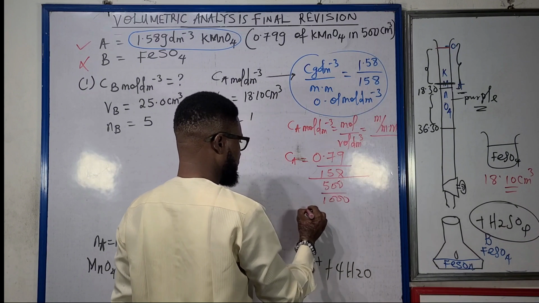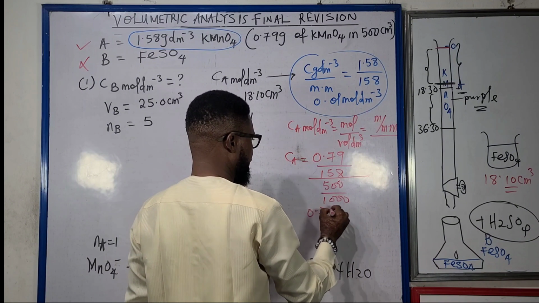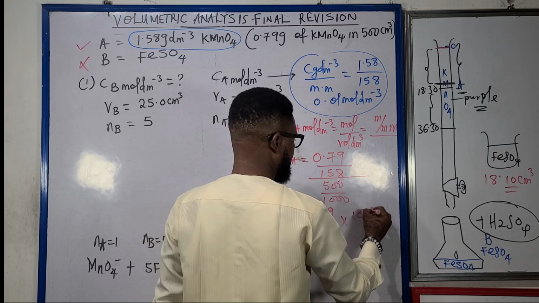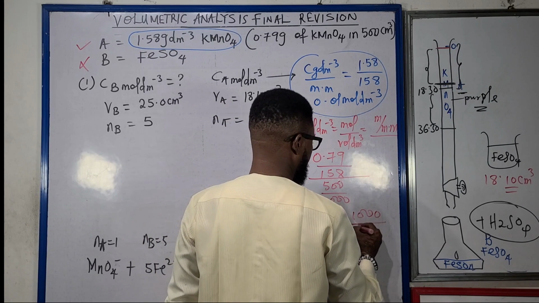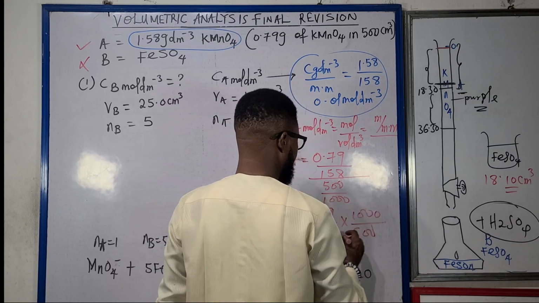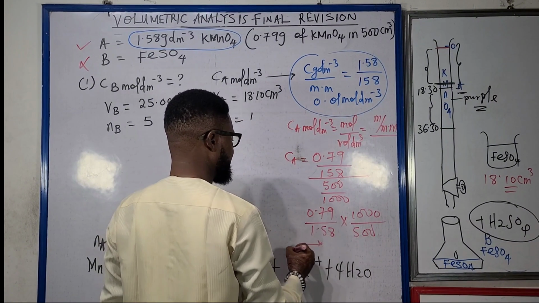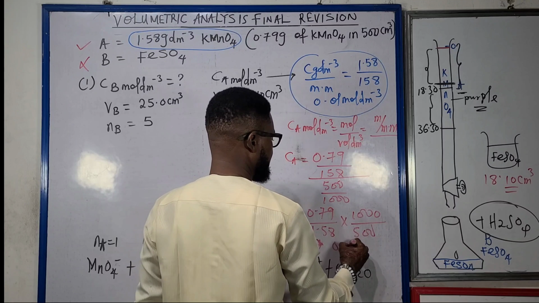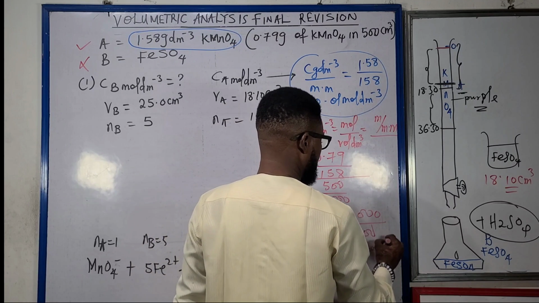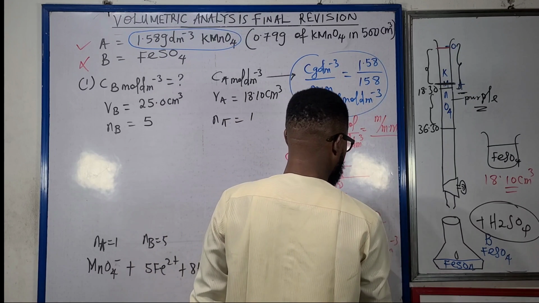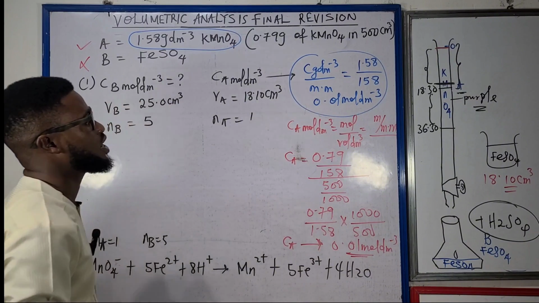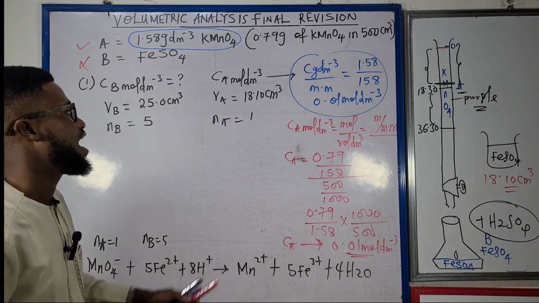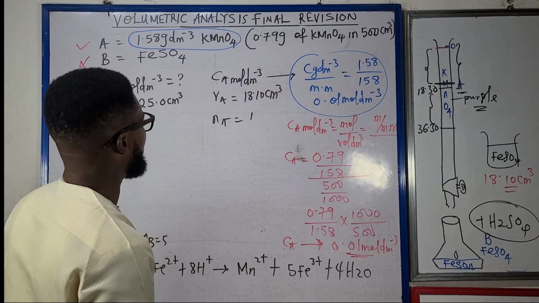So my Ca is 0.79 divided by 158, times 1000 over 500. From this, my Ca is also going to end up as 0.01 mol/dm³. So irrespective of the information we are given about the acid, we should be able to get our Ca to be 0.01 mol/dm³.